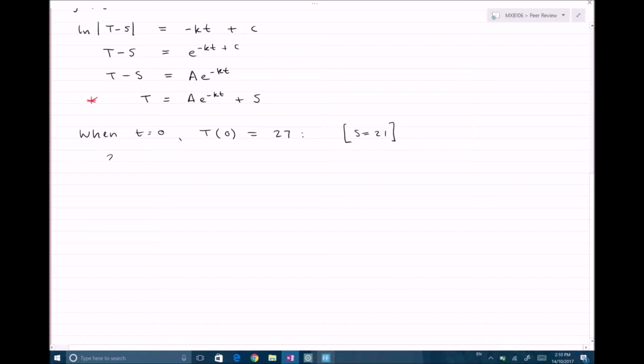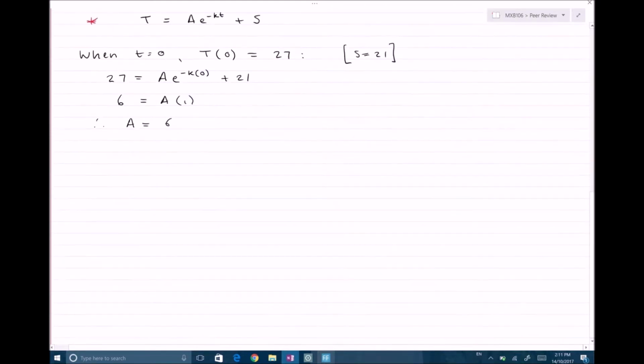So 27 is equal to A times e to the power of negative k times 0, plus 21. We can subtract 21 from both sides, and that's going to give us 6 is equal to A, and we know that e to the power of 0 is just going to be 1, and so therefore A equals 6. Now we just need to figure out what k is.